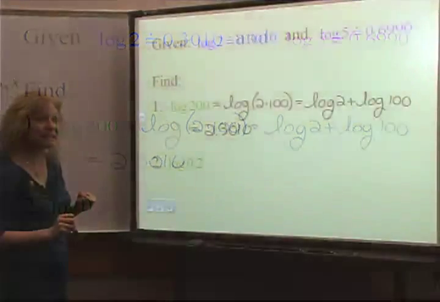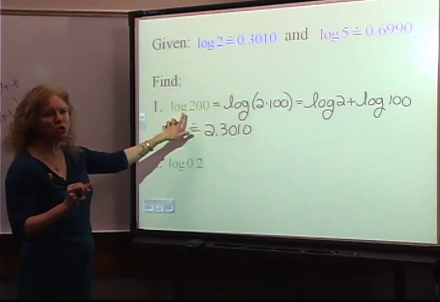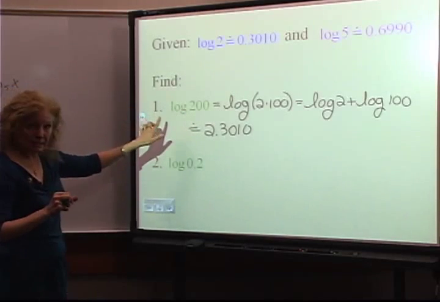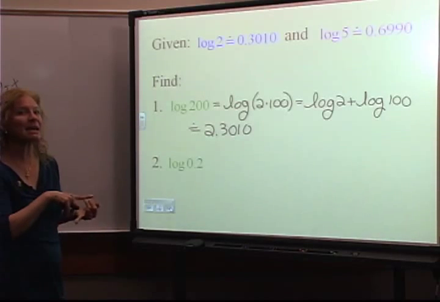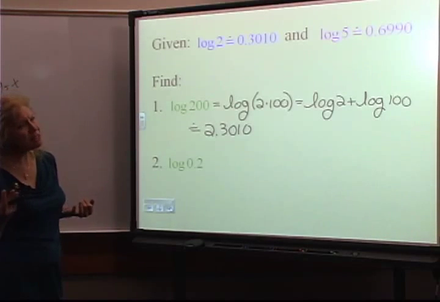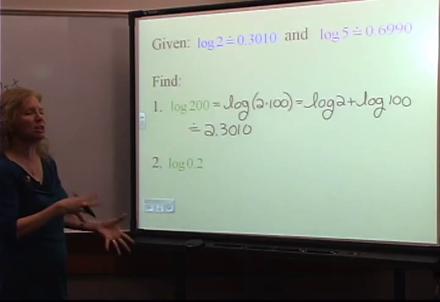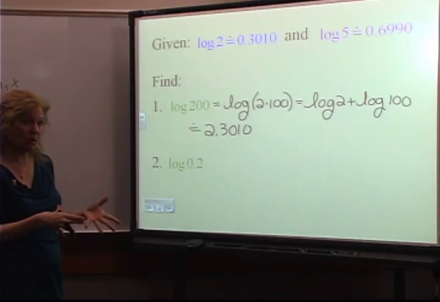And what's really nice is if we're dealing with logs base 10, you've got buttons on your calculator for base 10 and base e. Now, unless you've got a special calculator, you don't usually have those other bases, all right?